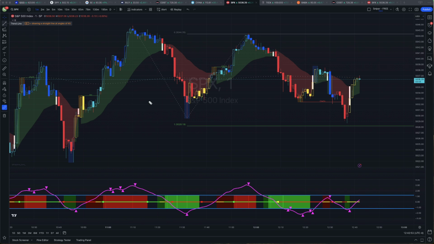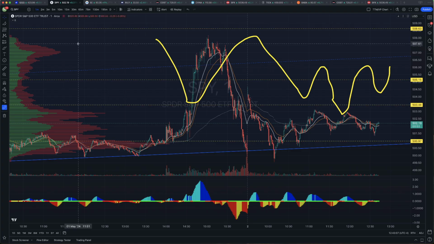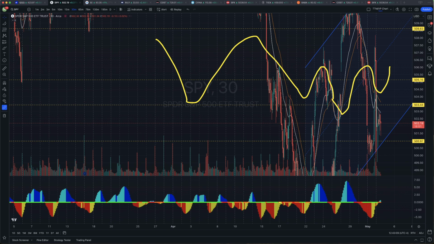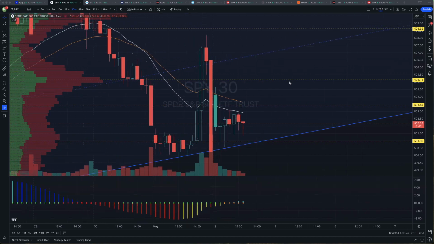So what I don't like, these are not my favorite times to trade like right now, because you're just kind of consolidating around VWAP. And I bet if we jump over to 30-minute on a SPY, I bet we're almost in a 30-minute squeeze.